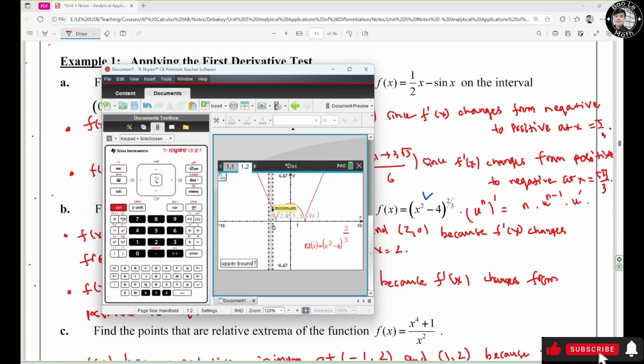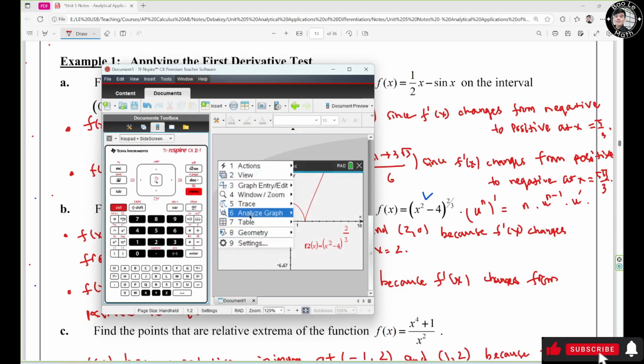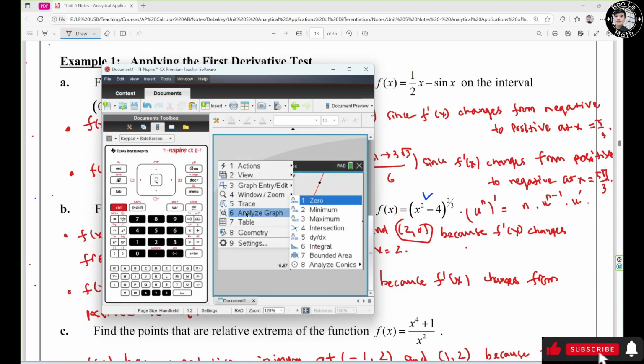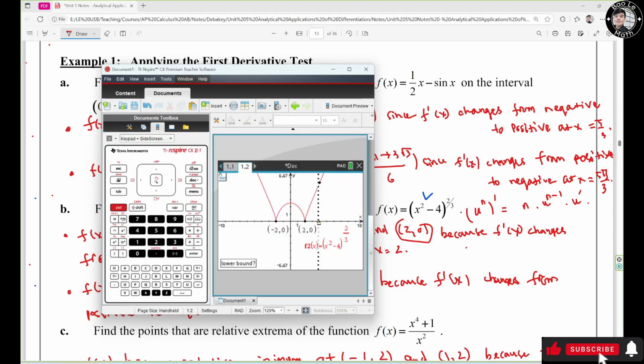Move to the left, move to the right. It's gonna be right here, right? And similarly, menu, number, set, minimum, move to the left, move to the right, and it's gonna be right here. You need to find the relative maximum. It's gonna be right here, right? So menu, analyze graph, maximum, move to the left, move to the right. It's gonna be right here, right?